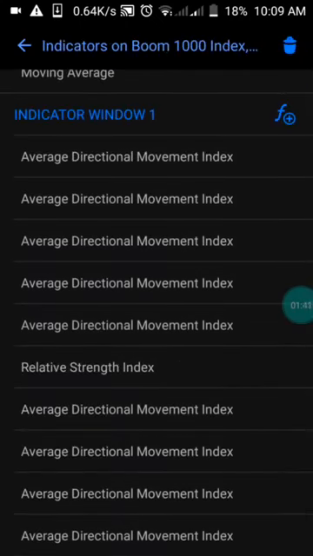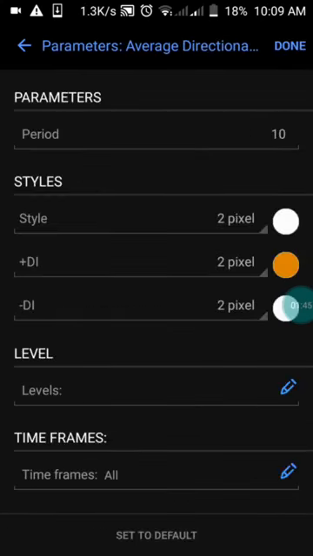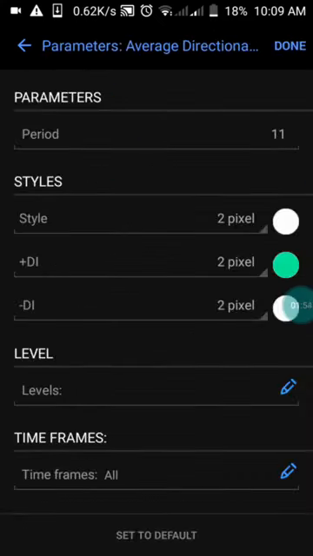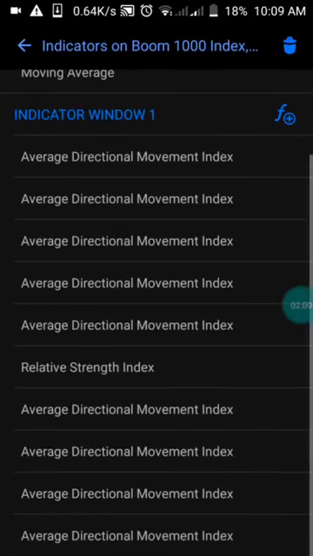So we have, in indicator window 1, the average directional movement index. We have the period of 10. Just screenshot it and set it up on your phone. Let me show you the second average directional movement index. We have 11 here, and we have our color that is only changing.